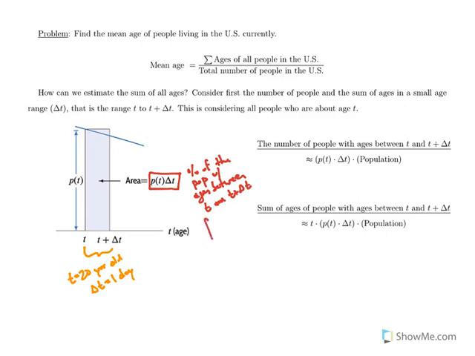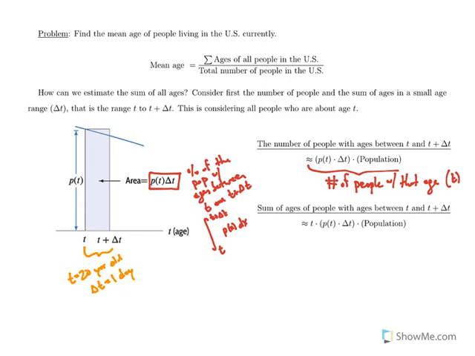That is the integral from t to t plus delta t of p of x dx, or p of t dt. So if we take that percentage of the population and multiply it by the population, this will give us the number of people with age t.